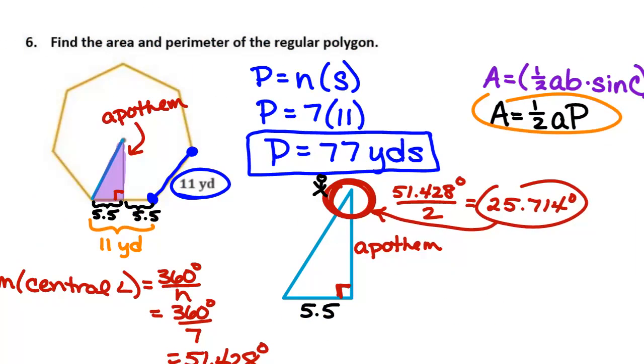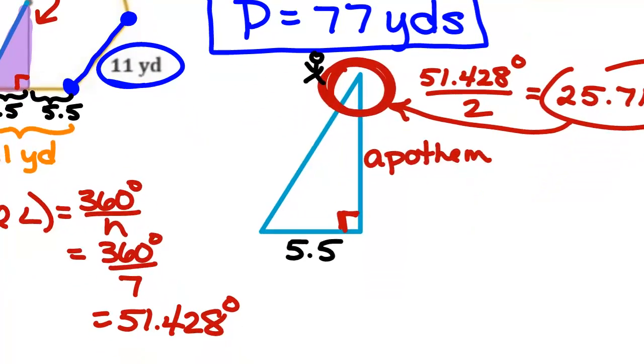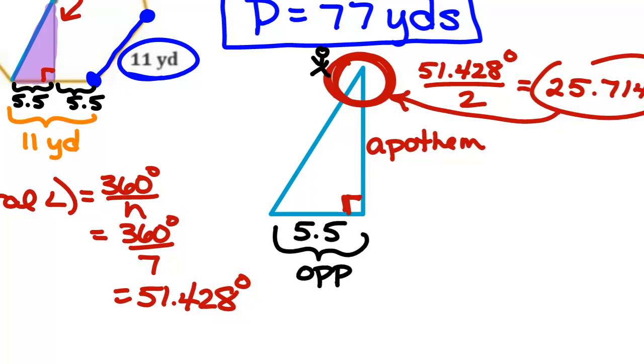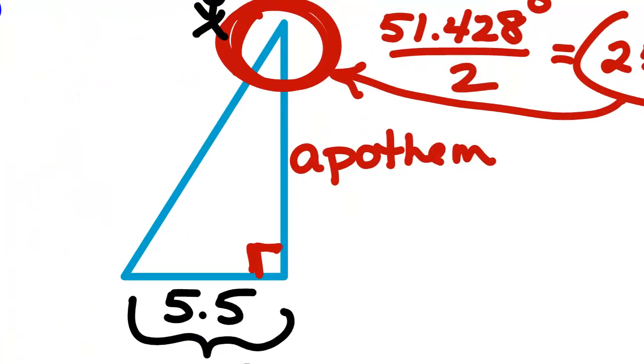All right. I'm standing right up here. This 5.5 down here is which side? Adjacent, opposite, or hypotenuse? Yes, this down here is the opposite. Is the apothem the hypotenuse or the adjacent side? This is the adjacent side.